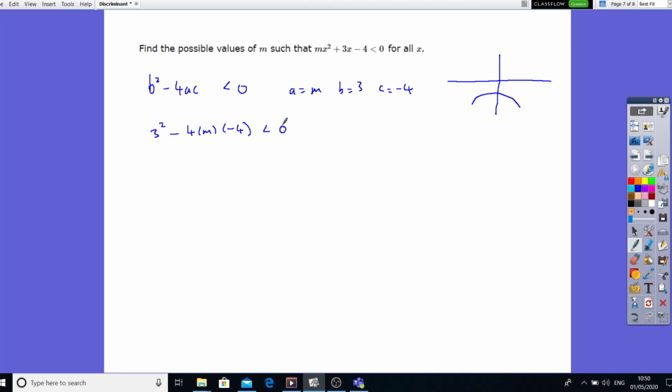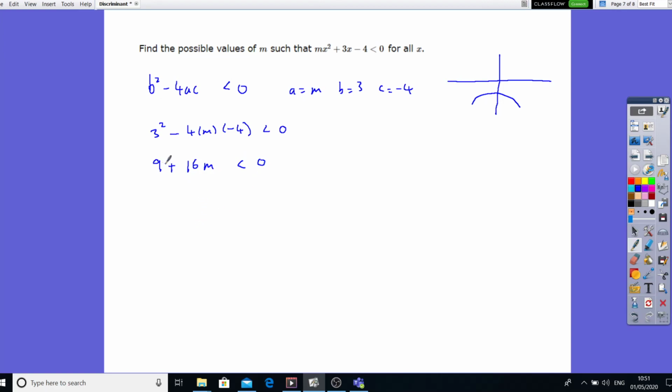We want that to be less than 0. So we get 9. 2 negatives make a positive, so minus 4 times m times -4 gives plus 16m, which is going to be less than 0.